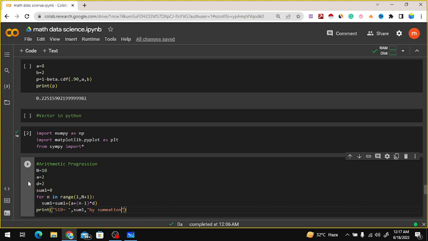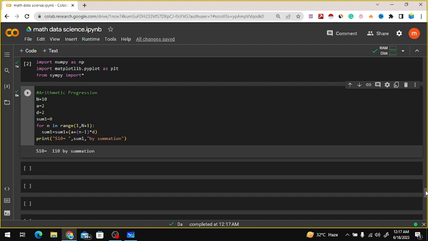So let's see, print here. I have gotten output like this. This is a way we can create this value. So S10 should be equal to this one.